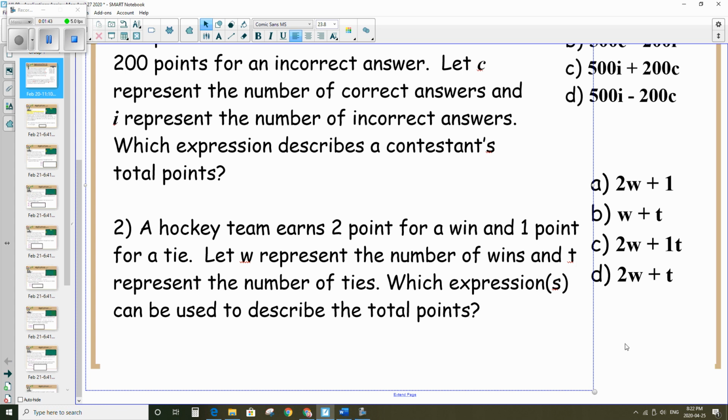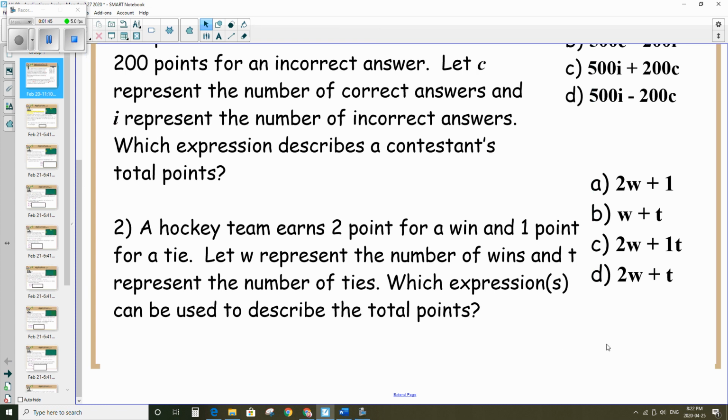Which expressions can be used to describe the total points? We want 2W to start, and then we want to add 1T to that. So 2W plus 1T is over here. Another way of writing that would be 2W plus T. Whether you say 1T or T doesn't make a difference. So both of these are correct answers, C and D.